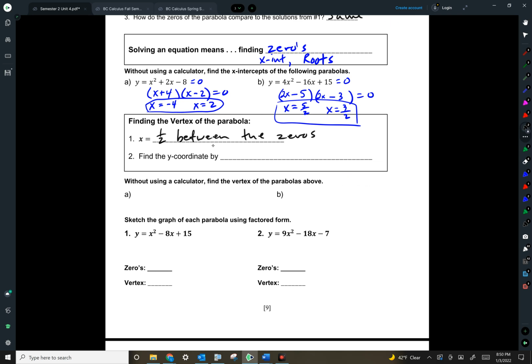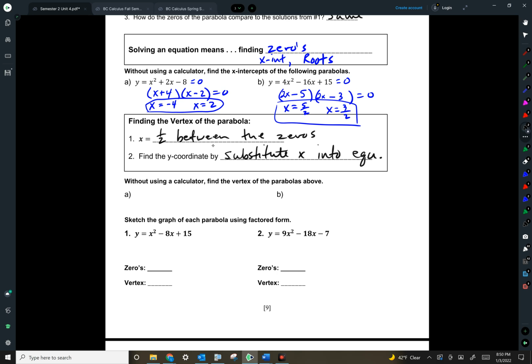Well, anytime I know x, in order to find the y, you can just plug that back into the equation. So I'm going to say substitute x into the equation.